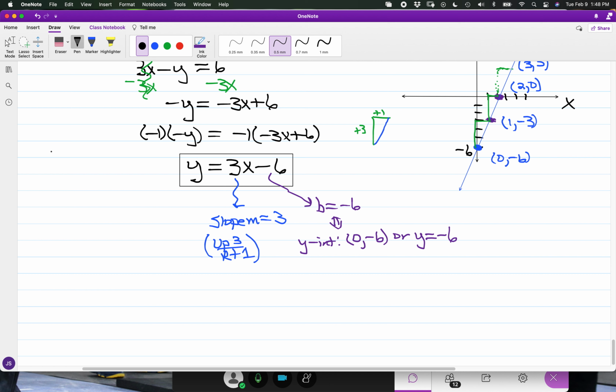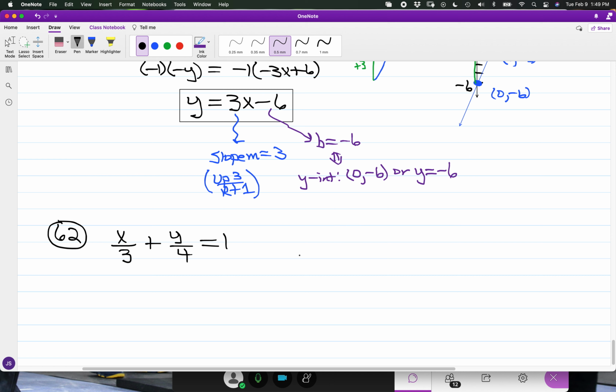For number 62, we have in the form of fractions x over 3 plus y over 4 is equal to 1. Again, I want to express this equation in the form y is equal to mx plus b.